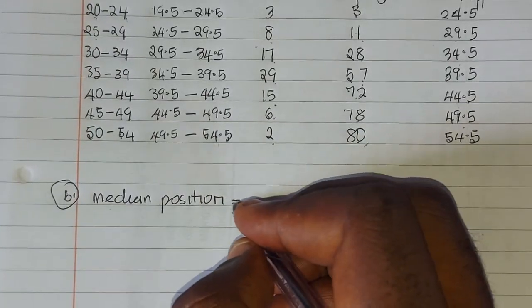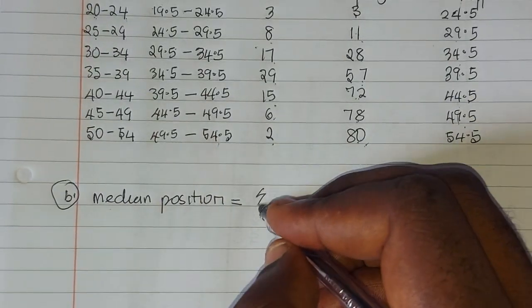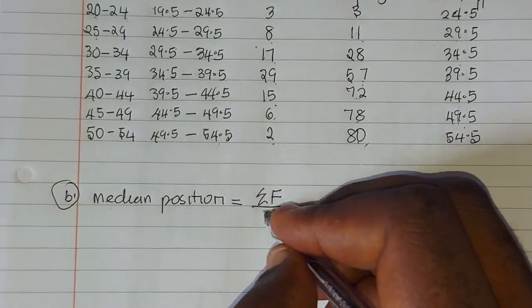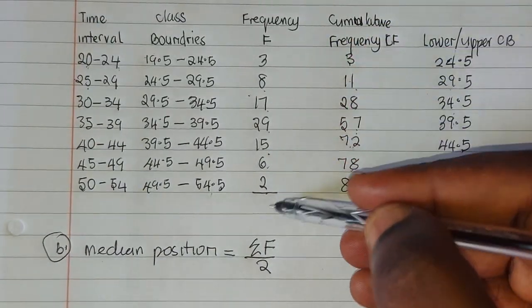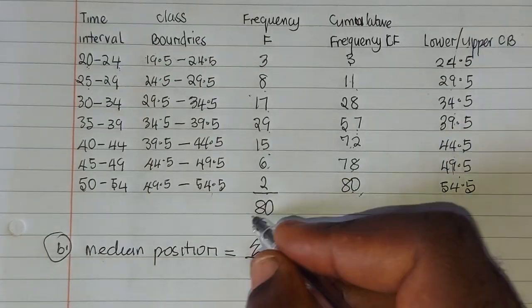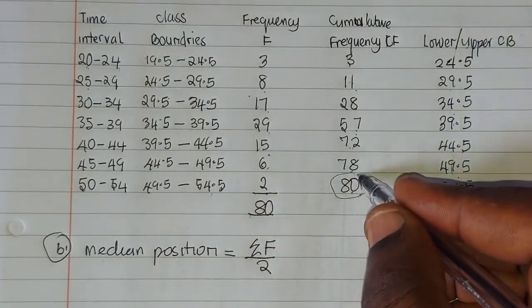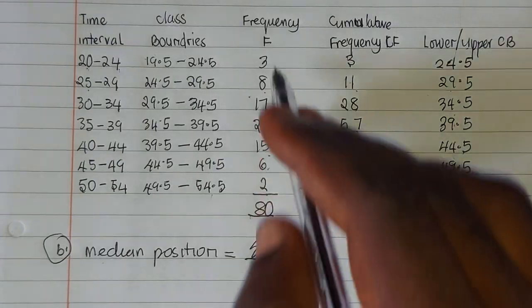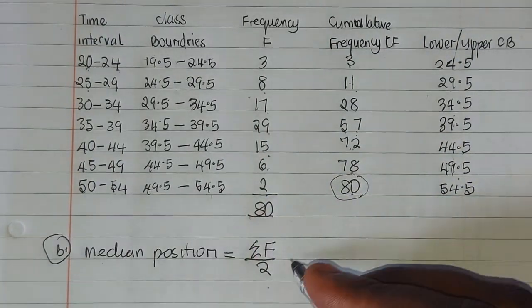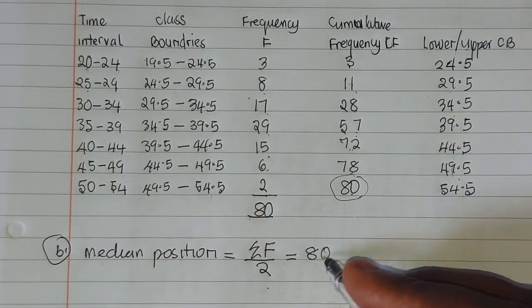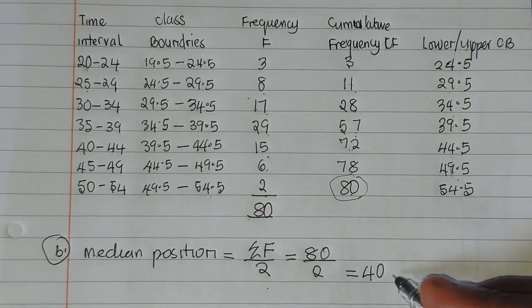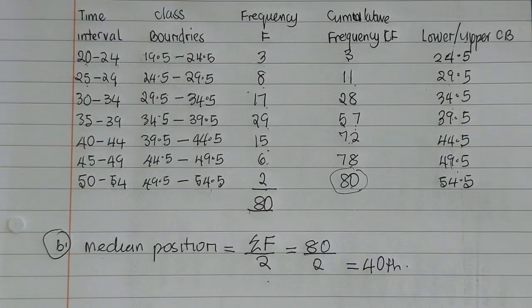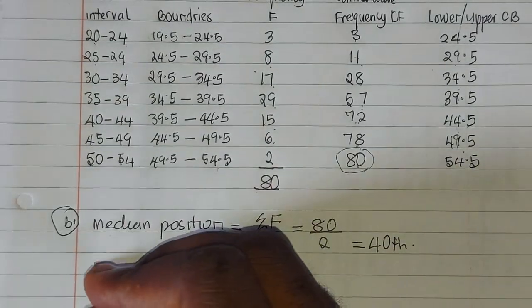The median position formula is summation F all over 2. And here, this is our summation F. When you add all this, it must give you 80. That is the half of the cumulative. So the half of the cumulative frequency, which is 80 all over 2, will give you the 40th position.